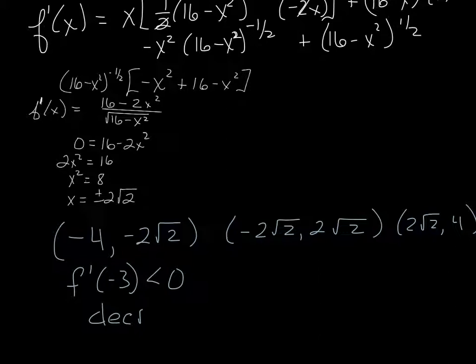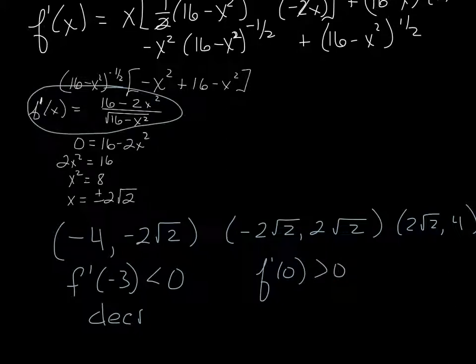Okay, here in this interval, the easiest one to choose is 0. If you can use 0, always use 0. If I plug 0 into my first derivative, it's going to be positive. So what does that tell us about the function? It's increasing.